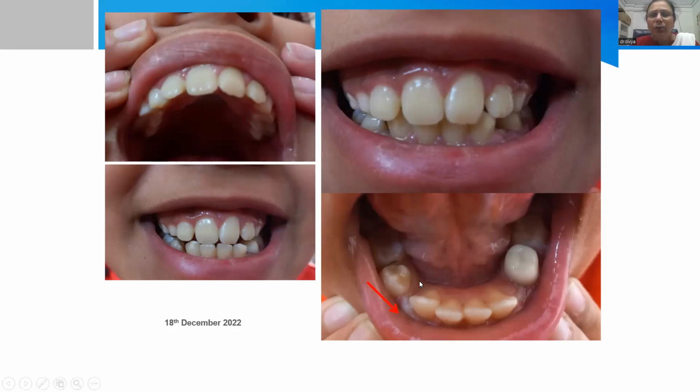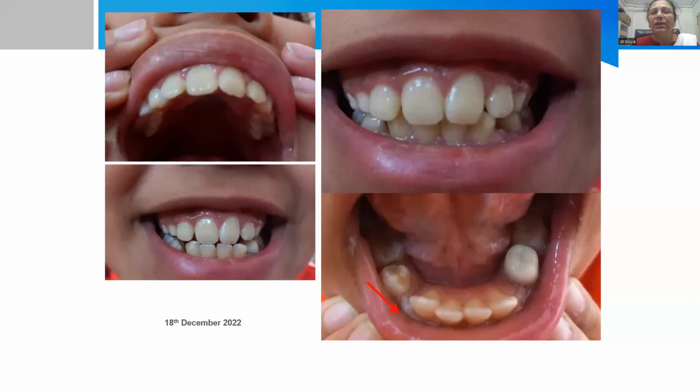Apart from this, you can see this premolar has erupted. If the space considerations were given, and if you had your values ready, the incisor liability and the buccal, that means leeway space calculation, you would have started the space supervision in this.